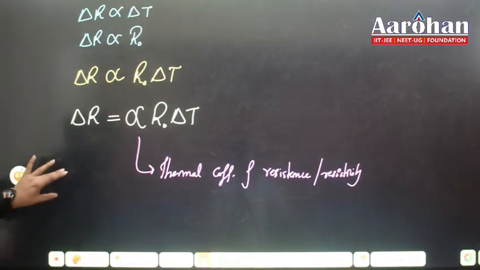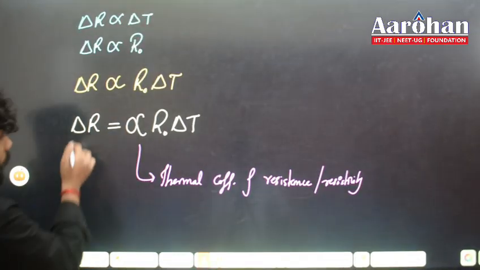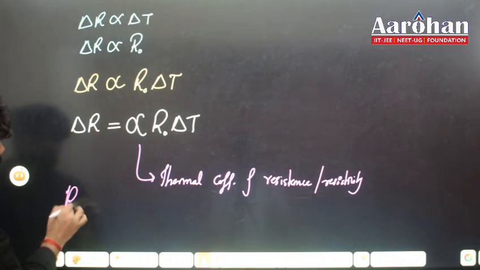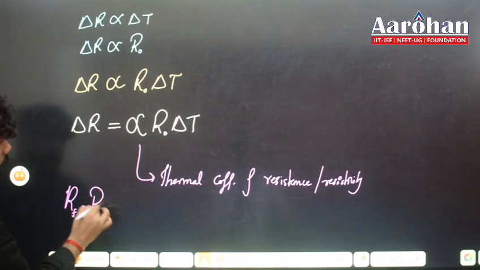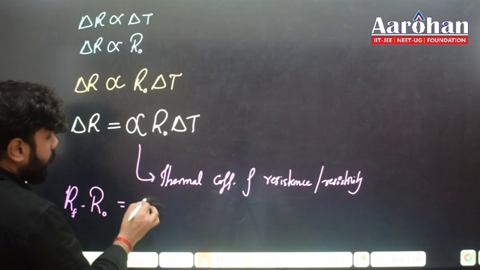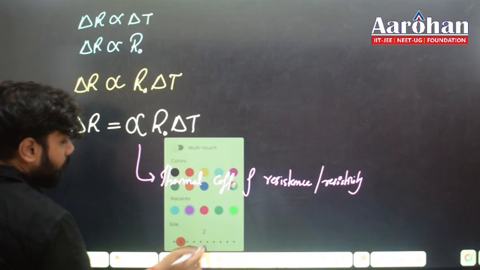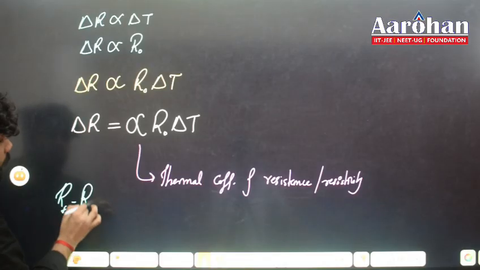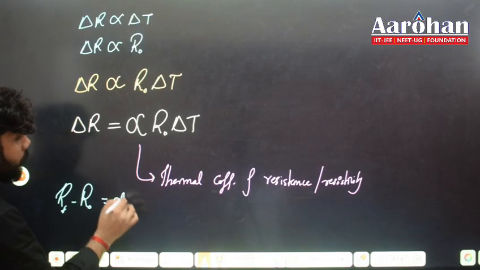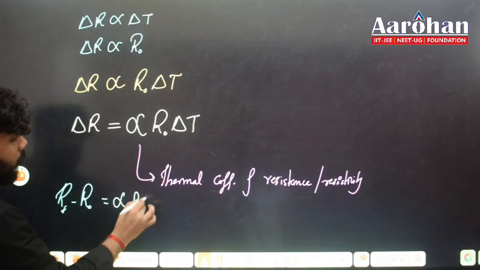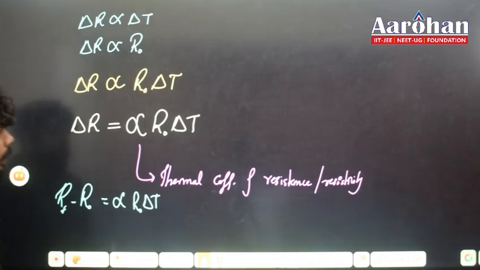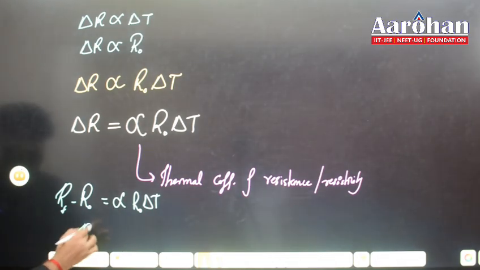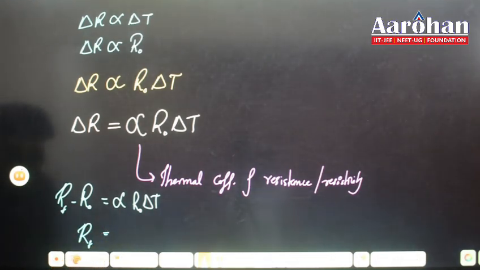You can generalize this equation. You can write it like this: delta R, this means R final minus R initial, and this will be alpha R naught delta T, right? It is your choice. I'm just writing it because in many books they write it like this.